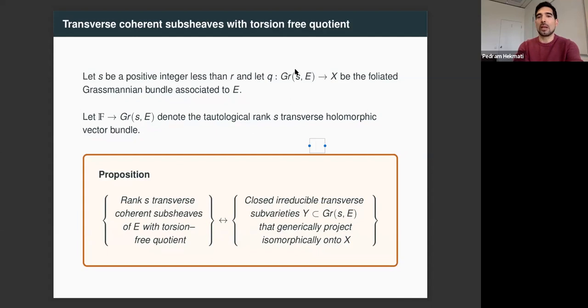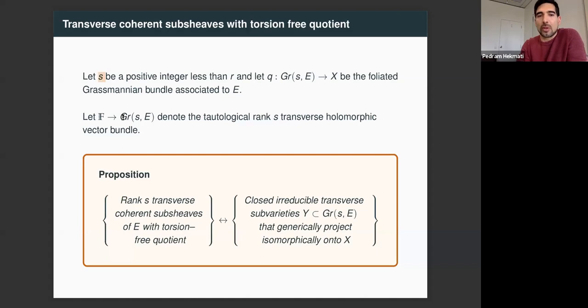So first of all, let Gr_s(E) denote the Grassmannian bundle over X, for s a fixed positive integer less than r. So now a subbundle of E is simply a section of this bundle, right?